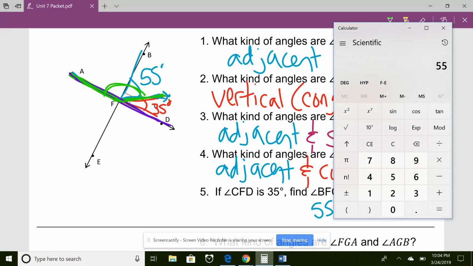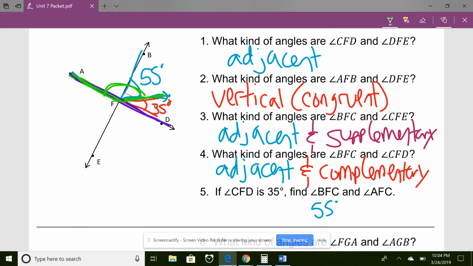I'm going to do 180 minus 35, since the straight line is 180 degrees, which is 145 degrees. So this whole green angle right here is 145 degrees. So again, it's important to know the terminology in relating these angles to each other and being able to figure out the angle measures in certain diagrams.